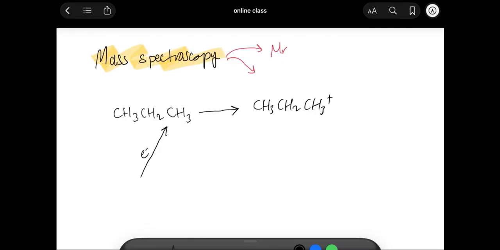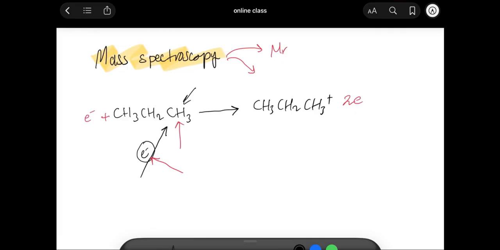Just keep in mind, as a result of hitting this compound by a high energetic beam of electrons, one of the electrons in this compound will be ejected. So it will be ejected in addition to this electron. So it's going to be like an overall number of electrons of 2, and we have to represent this as an electron.